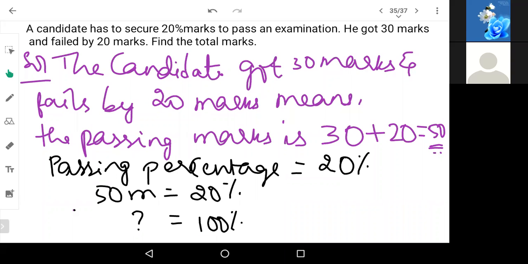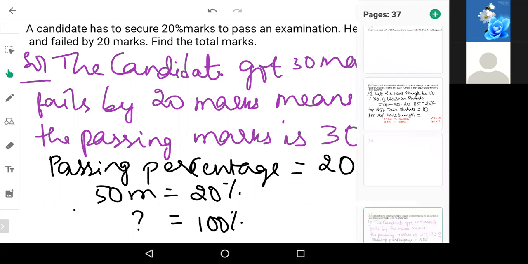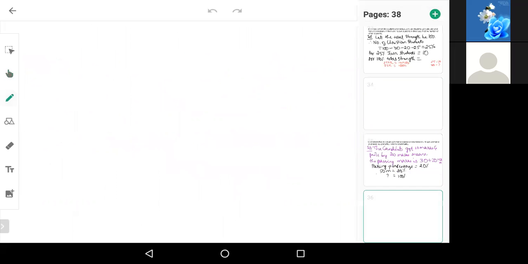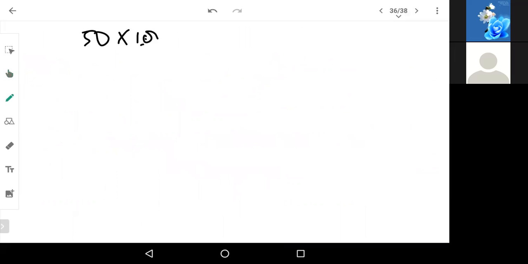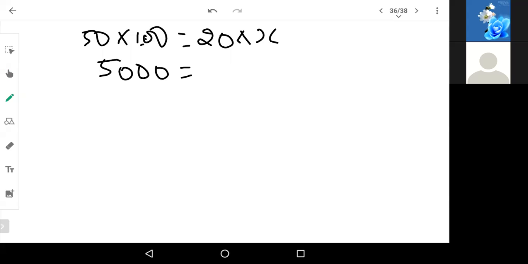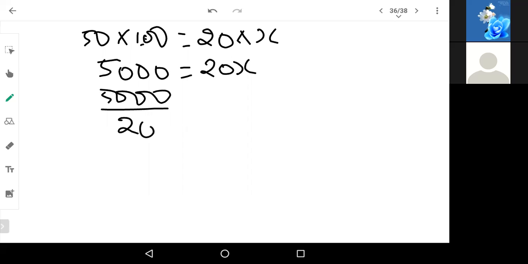Okay, now for this, how do we do? We do the cross multiplication. So 50 into 100 is equal to 20 into x. So 50 into 100 is 5000 is equal to 20x. 5000 by 20 is equal to x. So what will be the x value? 250.